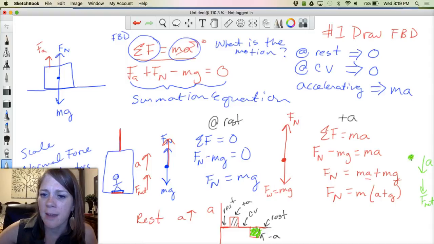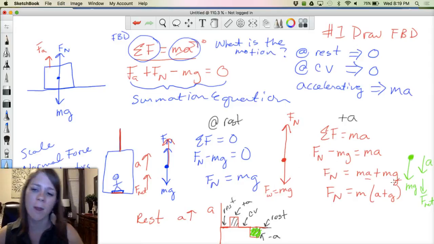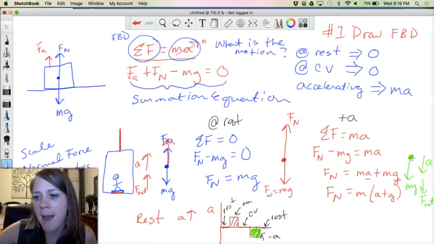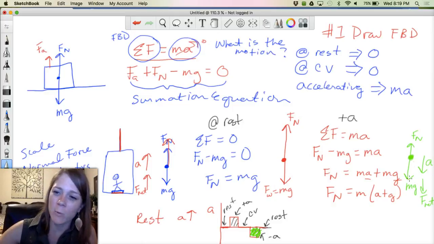So that means that the weight force, which by the way is the same length for all 3 of these, the mg force should be the same length for all 3 of these because the weight force never changes. What changes is the normal force. And so since the net force must be downward, then I know that that normal force pushing up on me is actually less. So it's kind of like gravity wins.